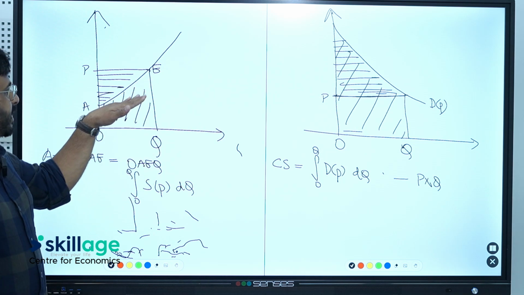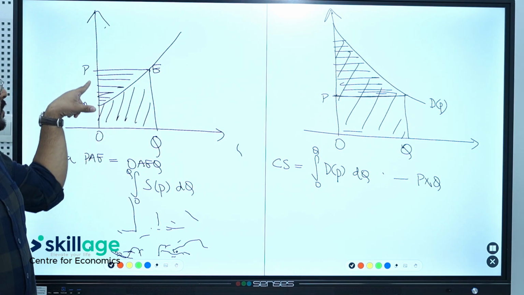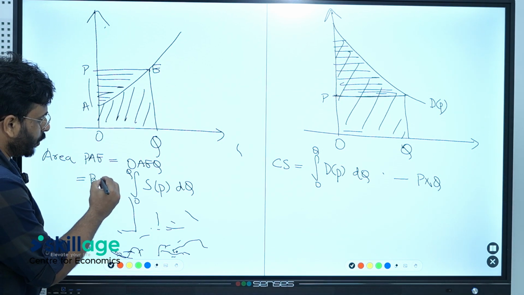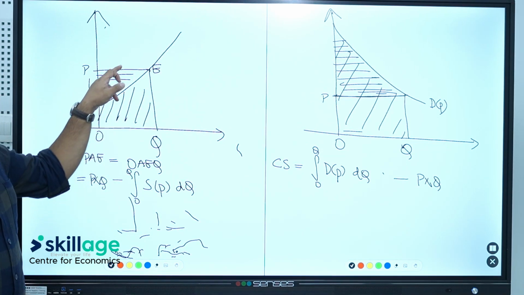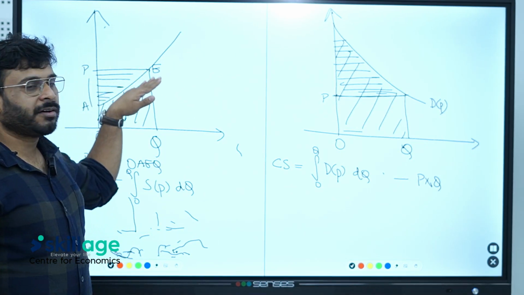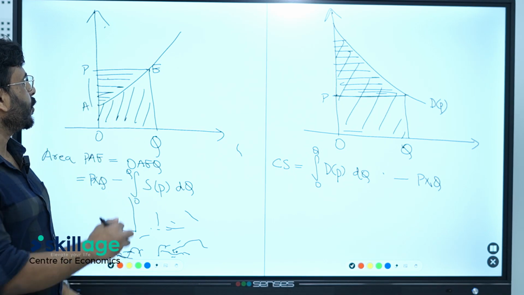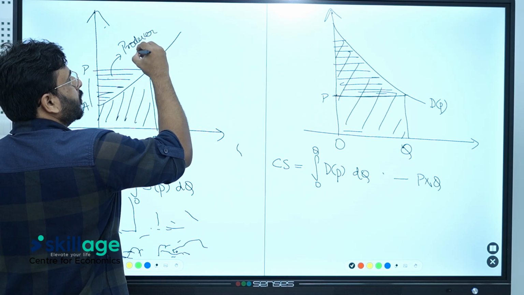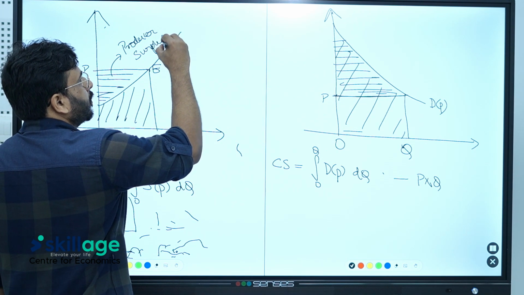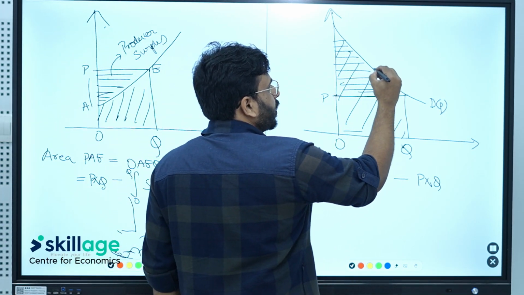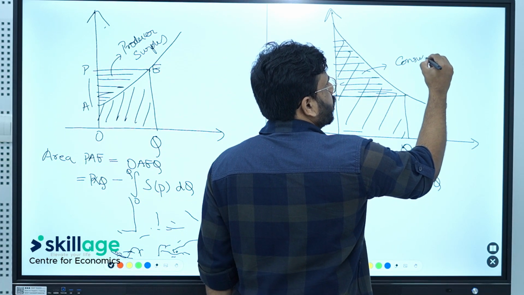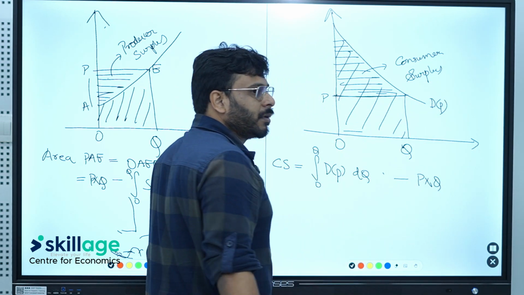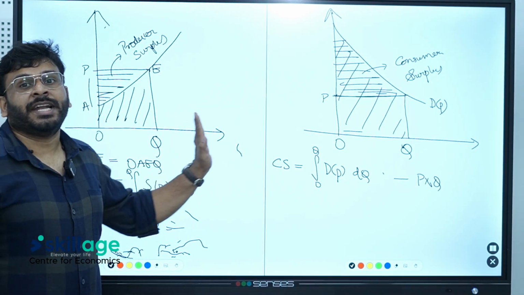But you have to subtract this area from something, and that something is your total rectangle here. If you subtract P into Q from this integrated area, or this area of definite integral, you will get this producer surplus. Right, and this will be your consumer surplus. Right. This is the basic idea of it.